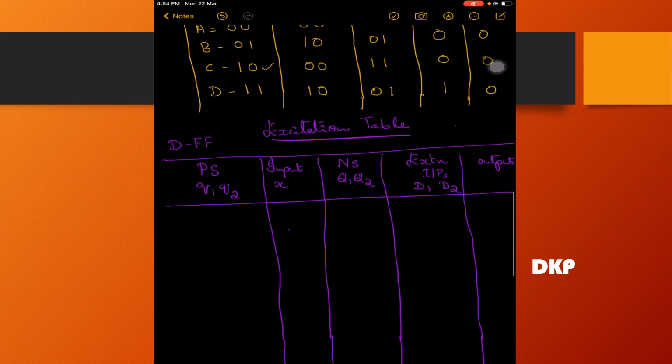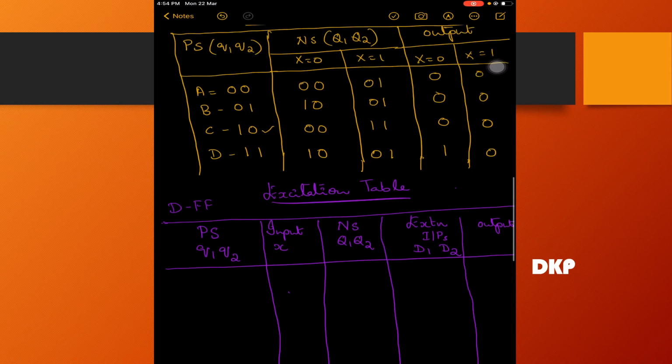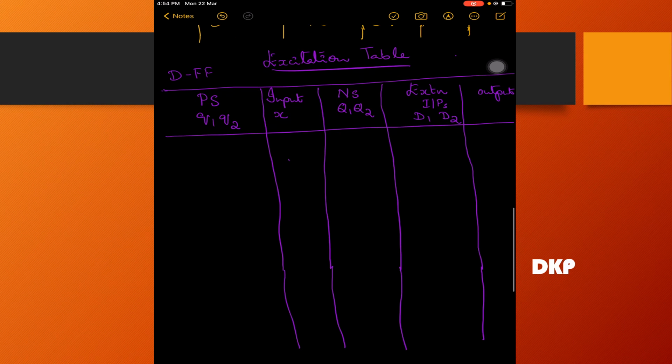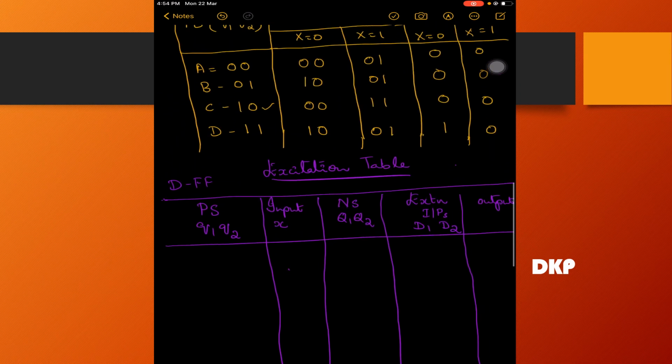So here I have used 2 D flip-flops because there are only 4 states, 0 0, 0 1, 1 0, 1 1. Now from this transition table, we are going to write the excitation table. So the first state, A equal to 0 0, that means q1, q2, is the present state.